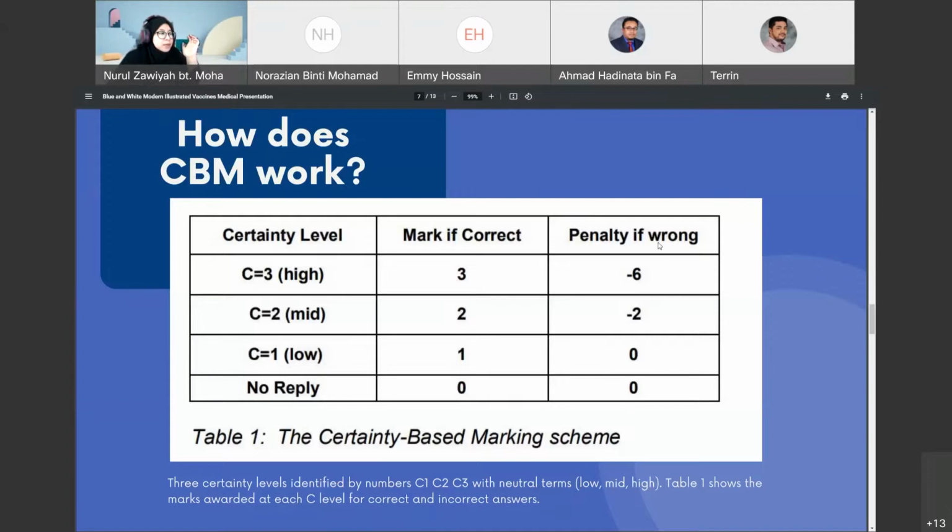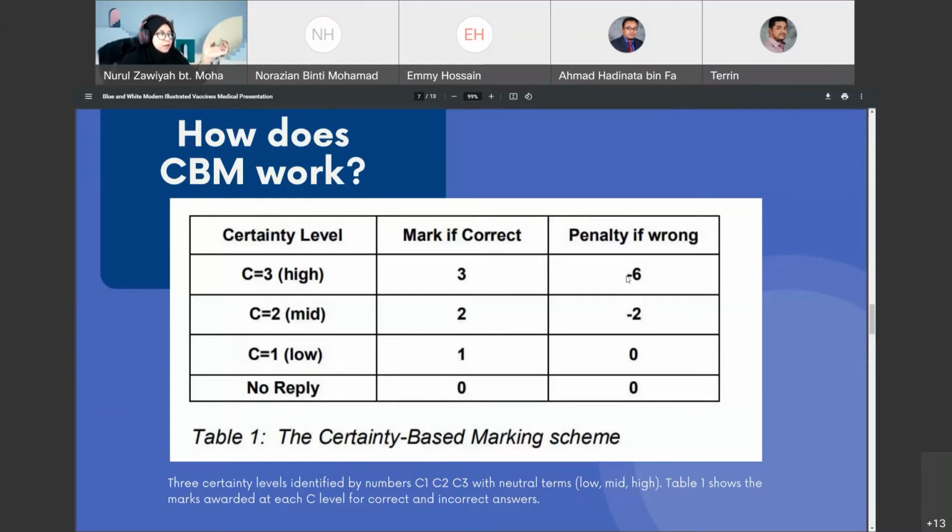But the penalty exists. This is where it is kind of special and it gives very much information if we look at the results. If the answer is wrong but the students are not sure, they choose C1, they will not be penalized for the wrong answer. But if they choose the middle level and it's wrong, the marks will be -2, meaning whatever marks you have, it will be -2.